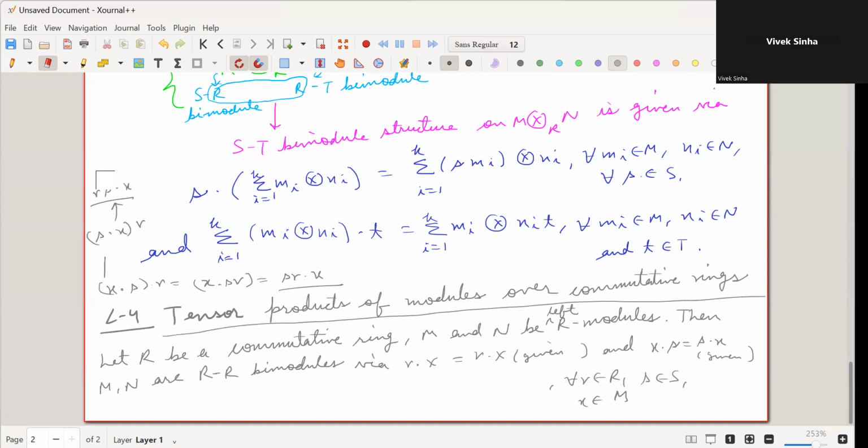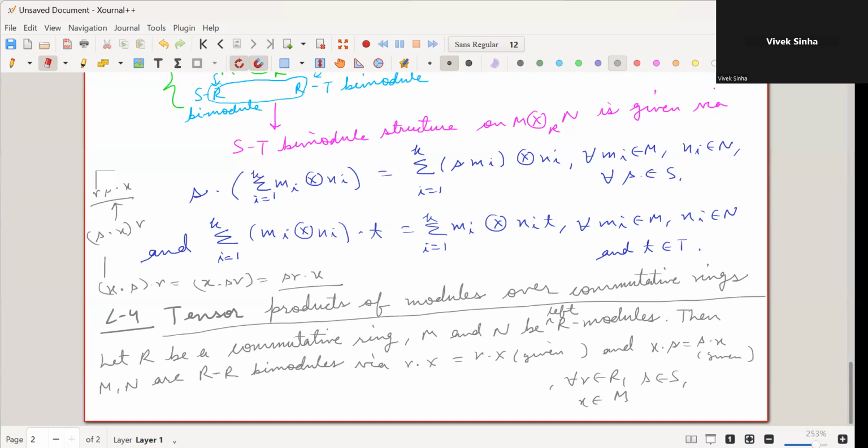In x·s, the second part, you want to see what x is after multiplying with the scalar s. So we say that it is just s·x. You have s·x because of the left module structure given to you, and we define the right module structure to be the same as this.